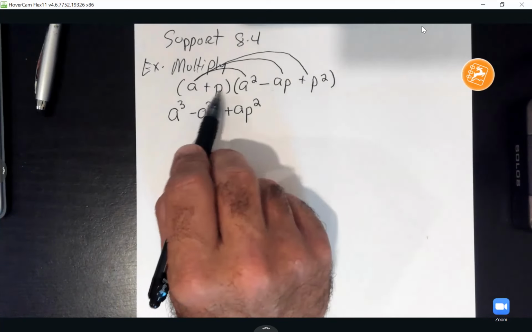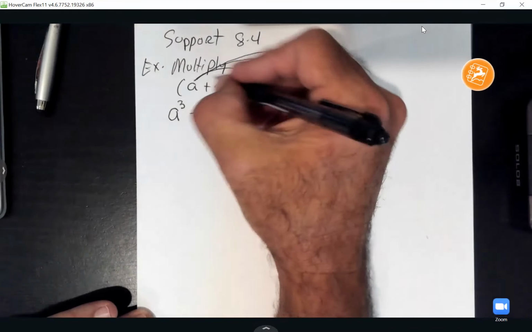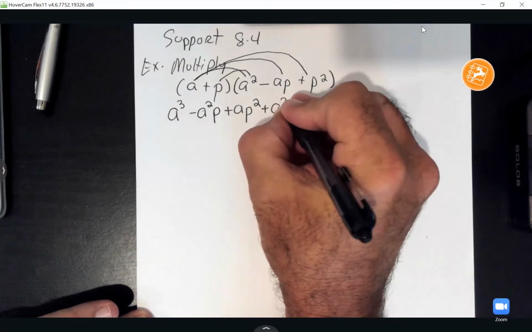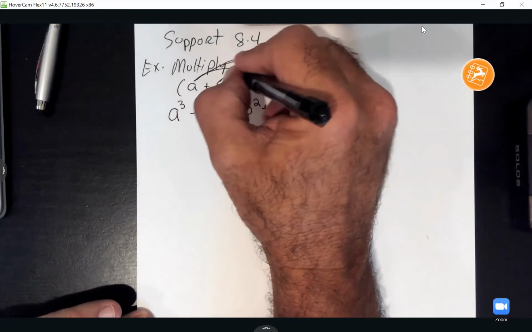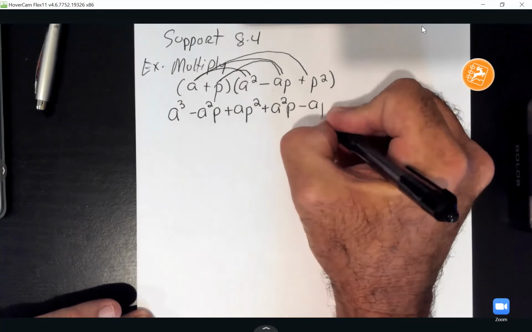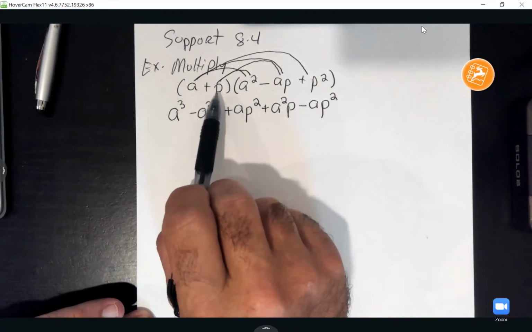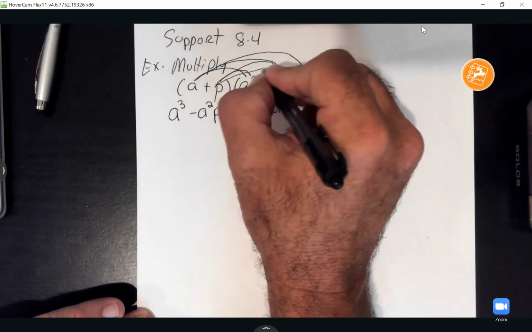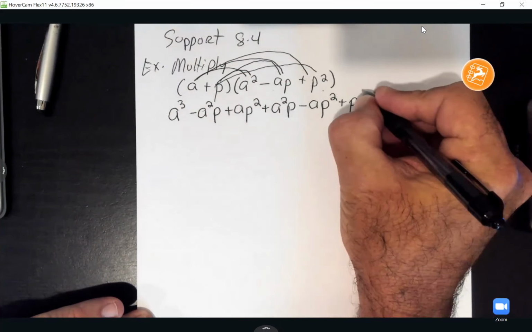Now we're going to distribute the p, and y'all, I'm going to keep mine in alphabetical order. So the p times the a squared is a positive a squared p. The p times the negative ap is a negative ap squared. So notice all I'm doing is adding 1 p to everybody when I distribute that p, and then that p times p squared is a positive p to the third.